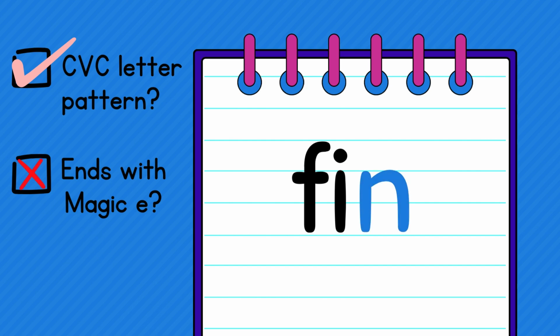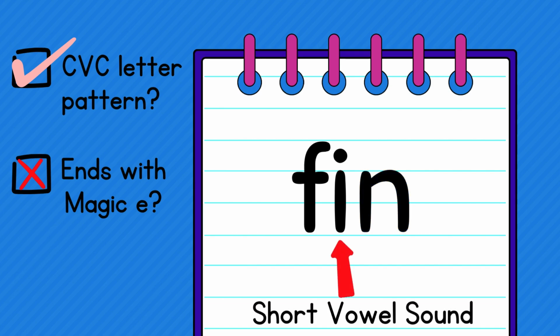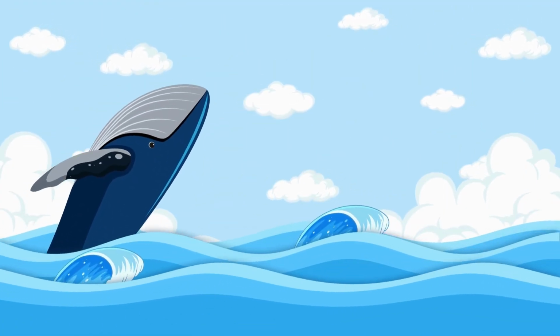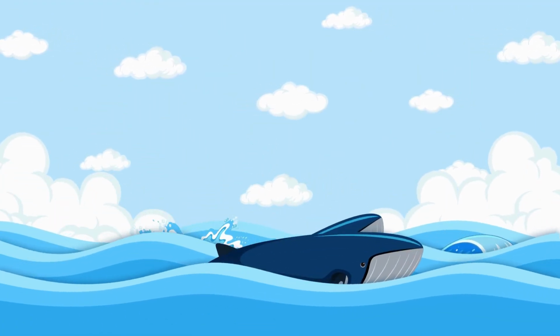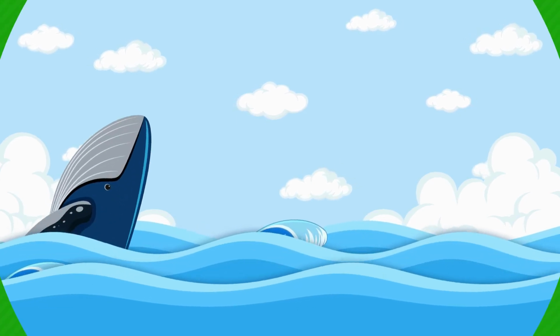No, you're right. We just noticed that it ends with the consonant N. Without a magic E on the end, we know our word is going to have a short vowel sound in the middle. The word is fin. I could see the whale's fin when it came out of the water.